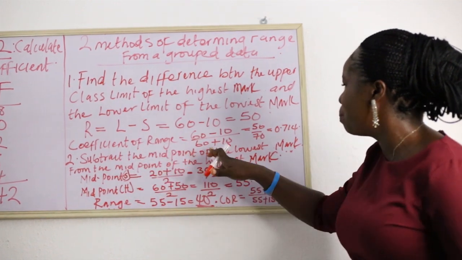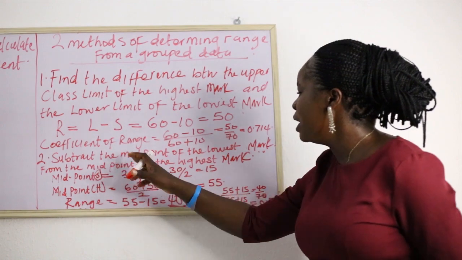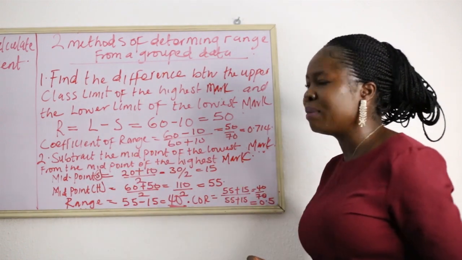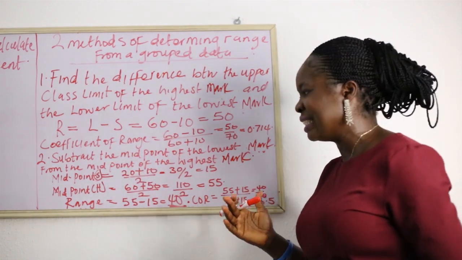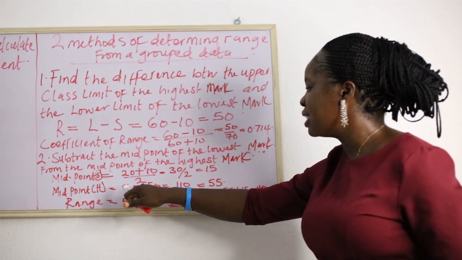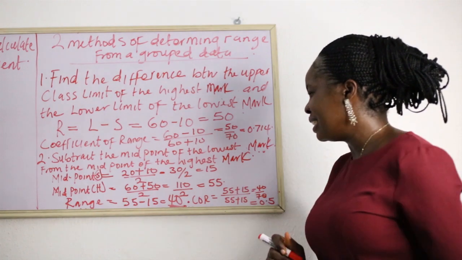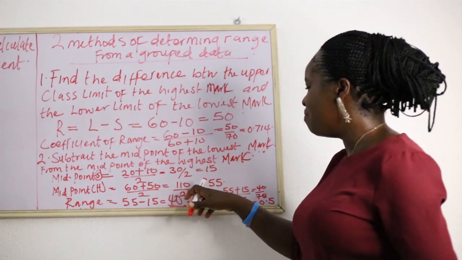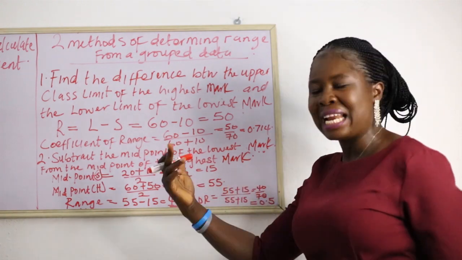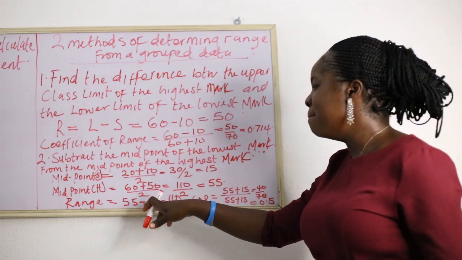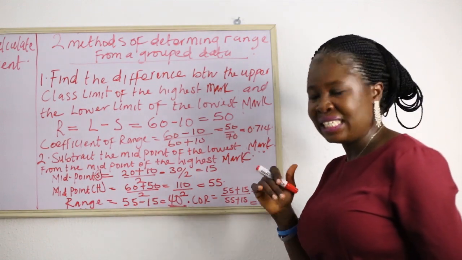We said subtract the midpoint of the lowest mark from the midpoint of the highest mark. And the highest mark is between 50 and 60. So the midpoint will be 60 plus 50, that is 110 divided by 2, that is 55. Then the range will be 55 minus 15, that is equal to 40.